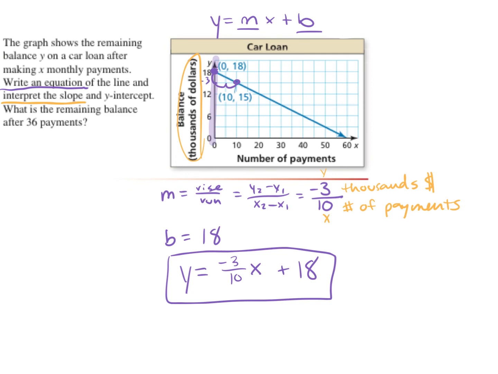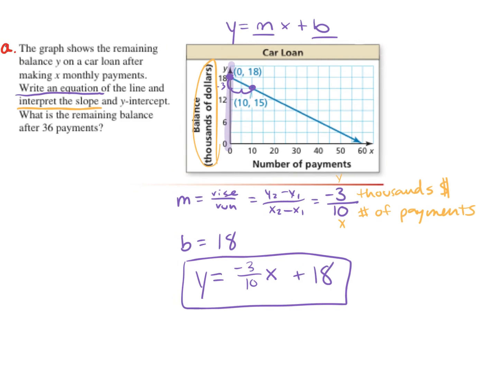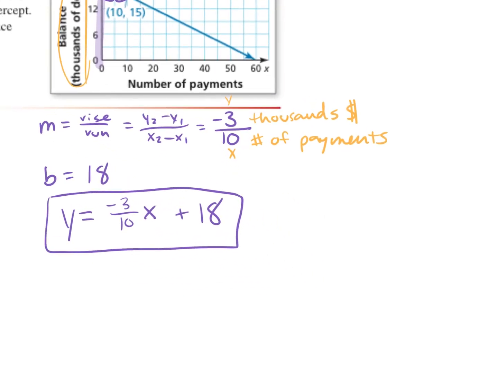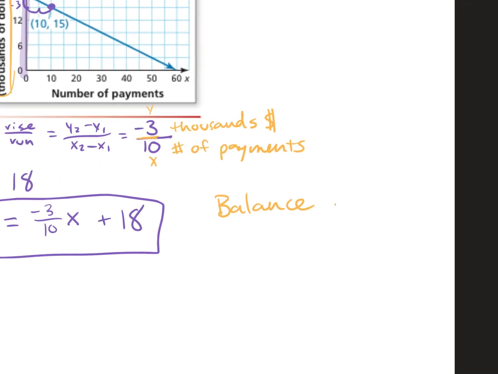So going back to our question, it says the graph shows the remaining balance y on a car loan after making x monthly payments. So I could say the balance, is it increasing or decreasing? It's decreasing because it's negative 3 and our graph is going down, so the balance decreases. Is it just $3? $3,000.